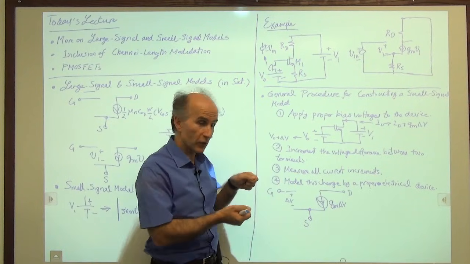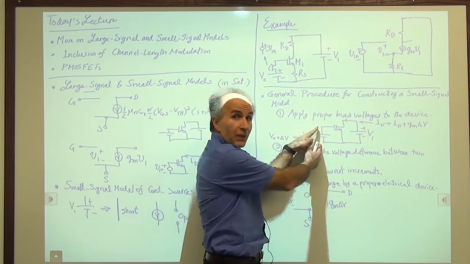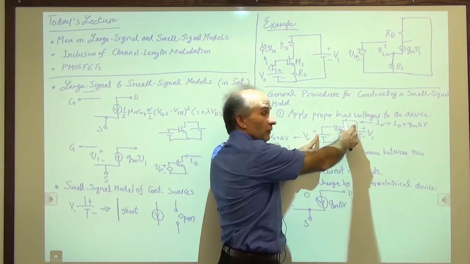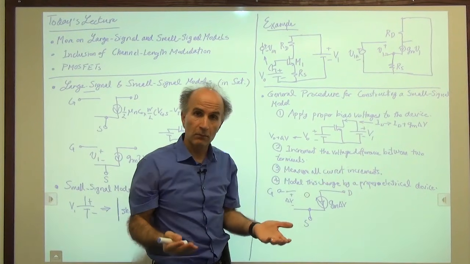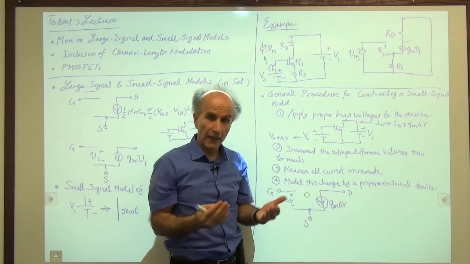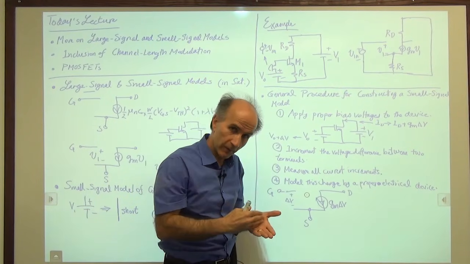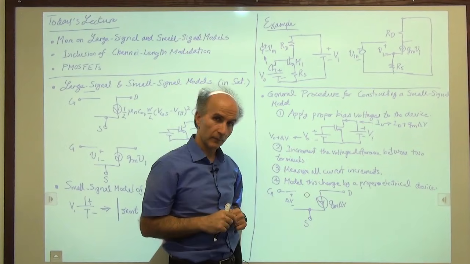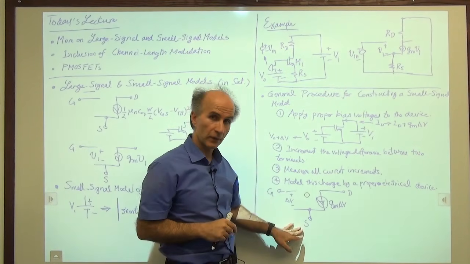But if I apply a voltage change here, and I am not measuring a current change here, I'm measuring a current change over there, that cannot be modeled by a resistor. It has to be modeled by a voltage-dependent current source. And that's what we have done. Okay, so that's our procedure.